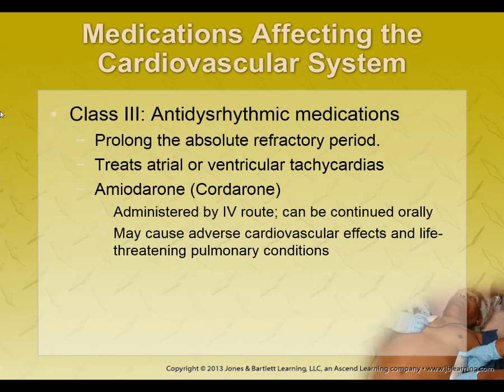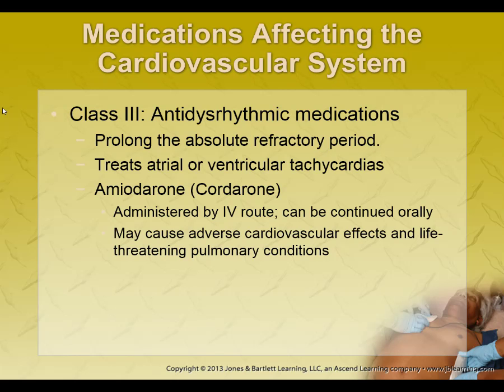Class 3 antidysrhythmic medications prolong the refractory period. That means that it can treat atrial or ventricular tachycardias. One that's given the most often is amiodarone, or Cordarone. It can be given PO or IV. It can be given continuously until a heart rhythm converts, and then they'll switch the patient over to an oral dose.